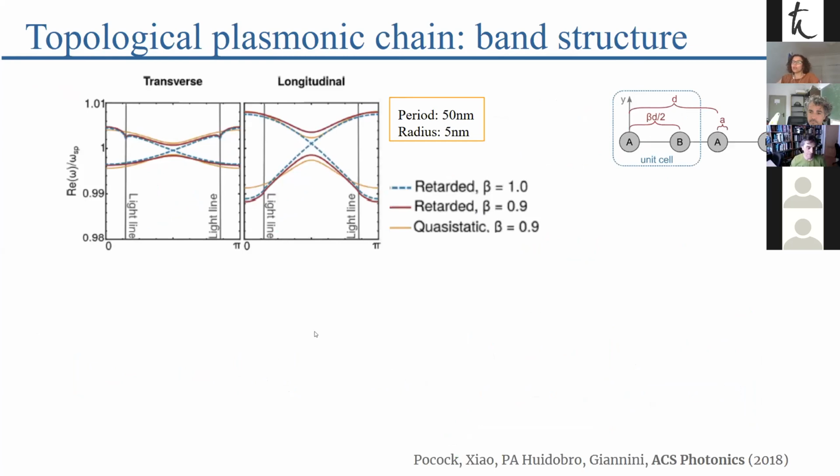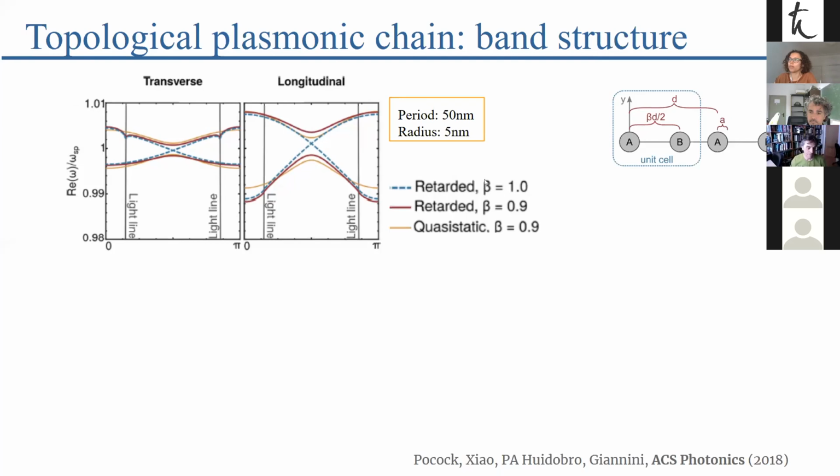Okay, so with this model, we calculate the band structure of some of these chains, and we start by considering chains with very small nanoparticles and rather small periods. And we look at the transverse and longitudinal modes, and we see what is generally expected.